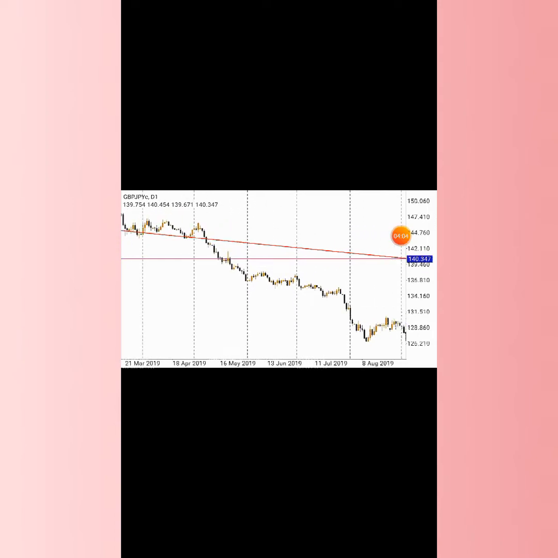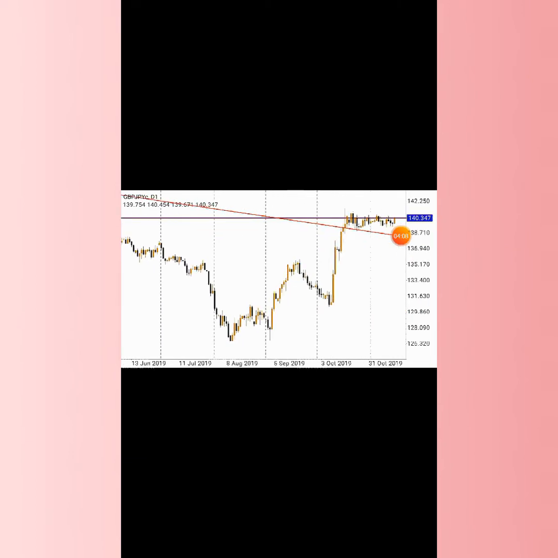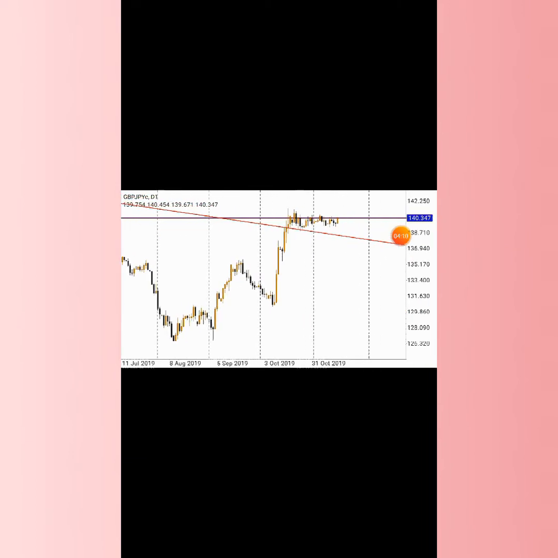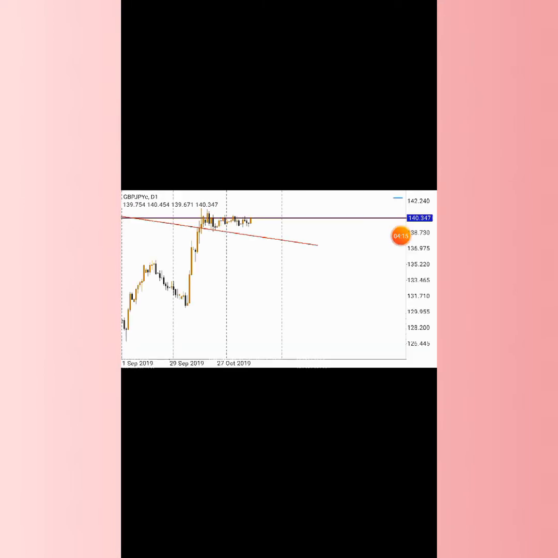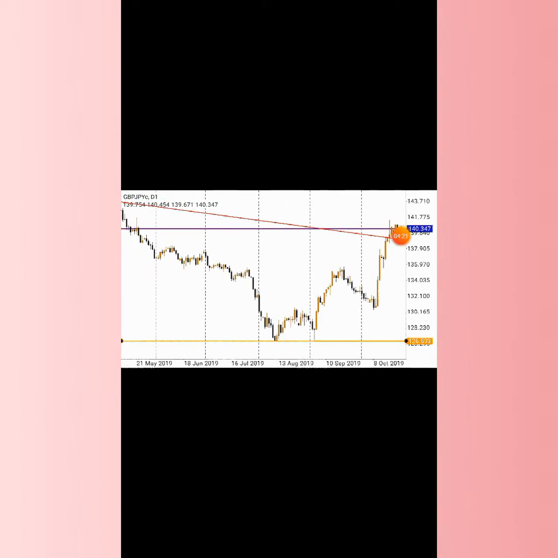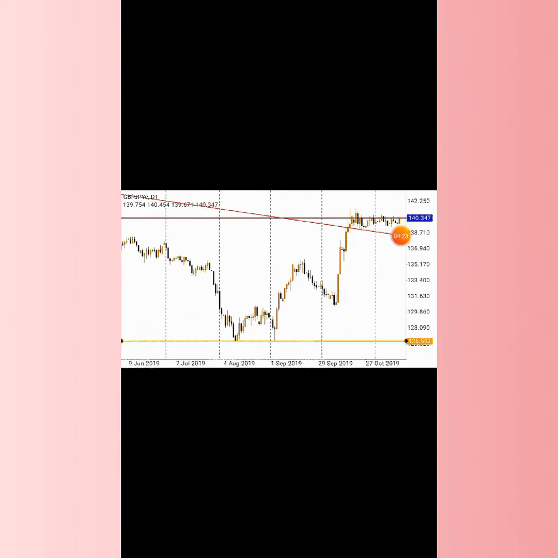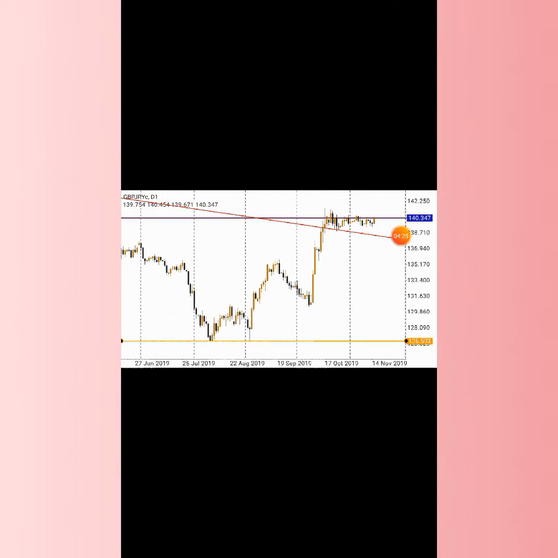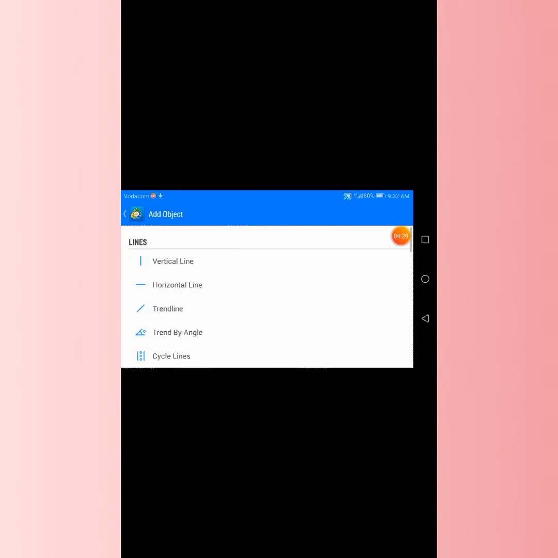But from then, you see the trend broke, fell down again below the trend line, and when it reached here, it got some rejection over the support. So the trend began to change and moved up.